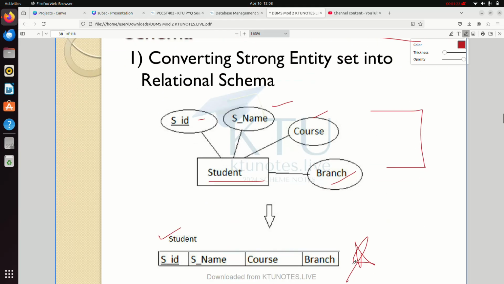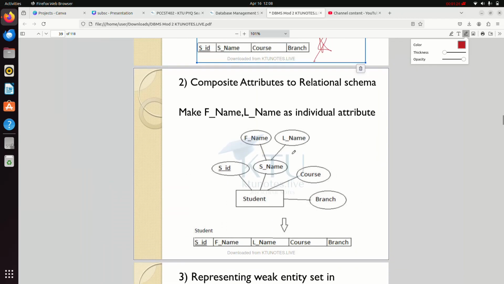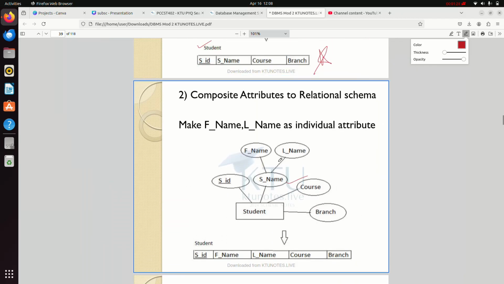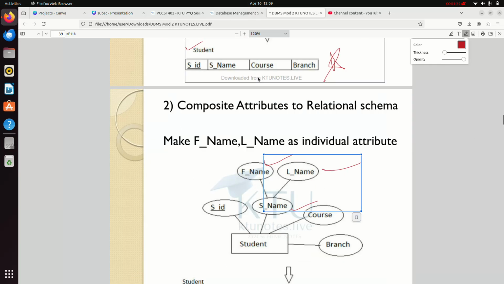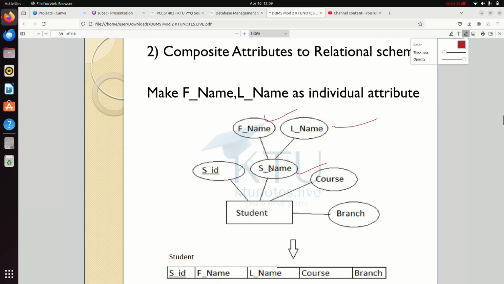So the first thing you have understood. Now let's see if you have composite attributes, like if the name has F name and L name as composite, then how can you represent it in the relational schema? For that, you won't represent S name.